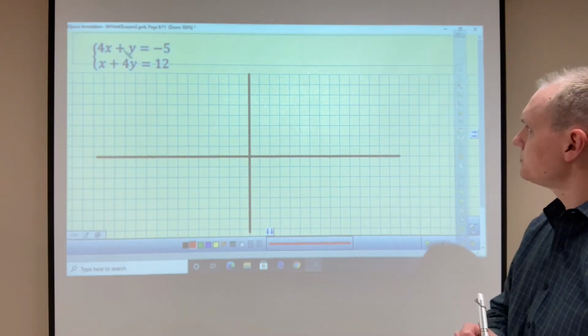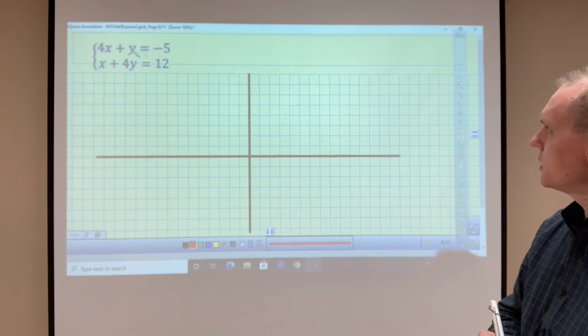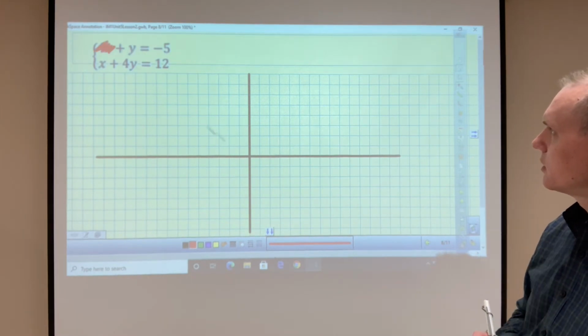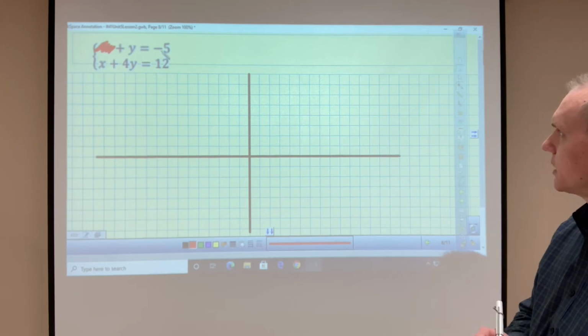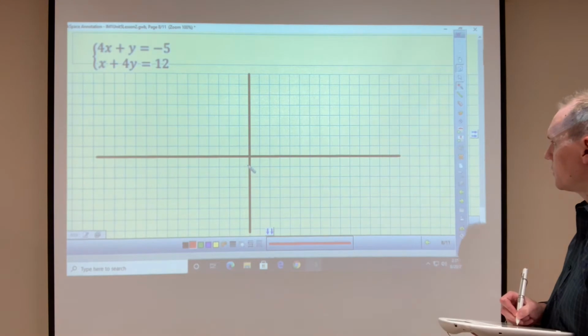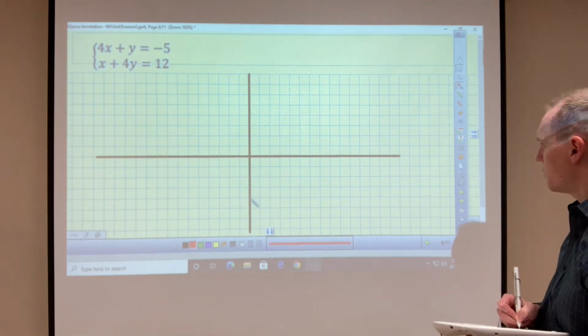So in the first one, if we think about the y-intercept, if we cover up the x part, we're going to get y equals -5. So that's going to be our y-intercept. So y is -1, 2, 3, 4, 5.